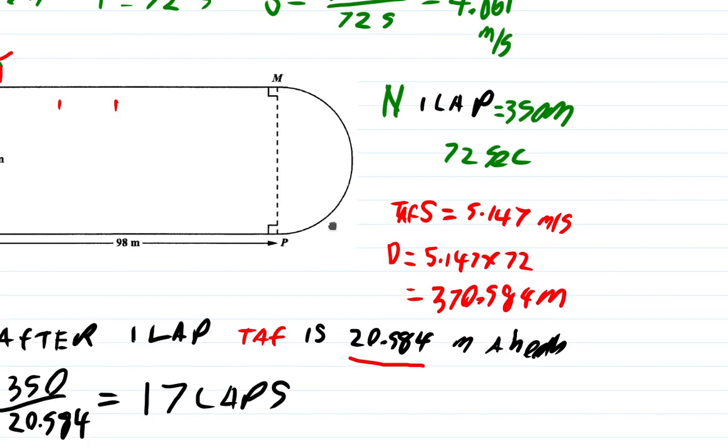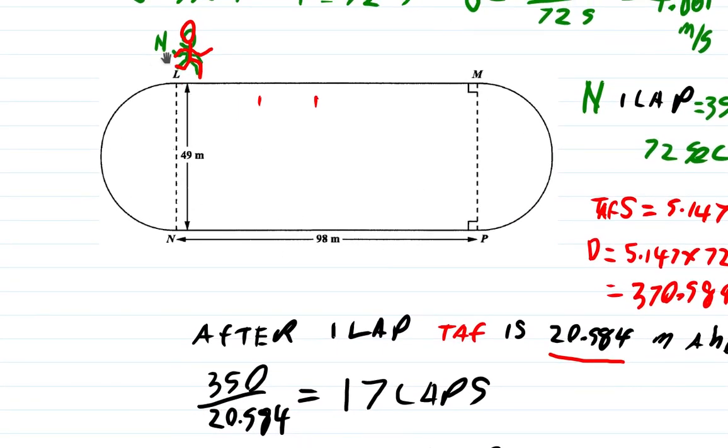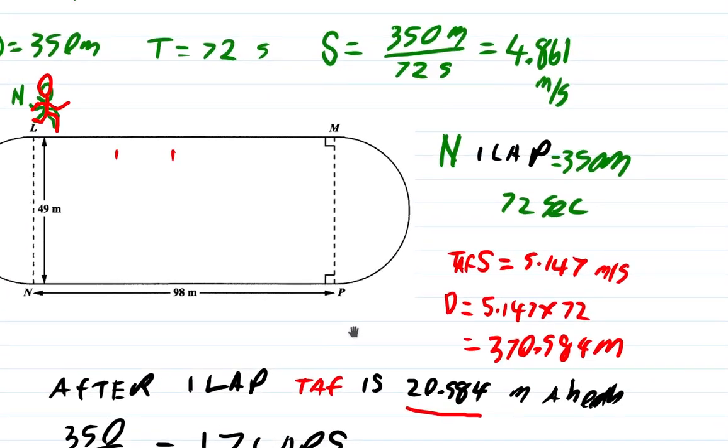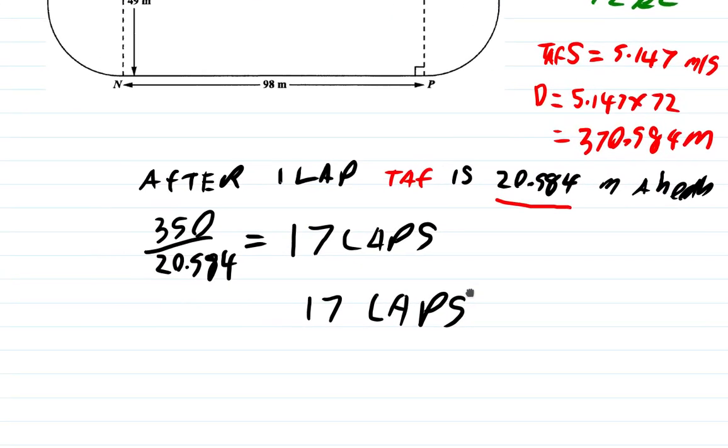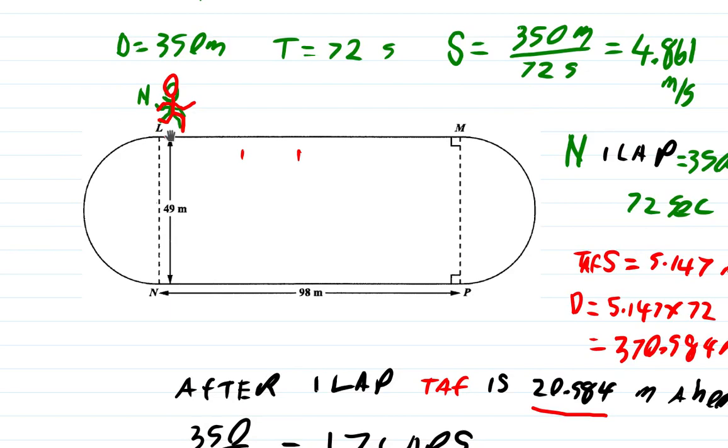So you see that. But anyway, you would know from the first that there would be one extra lap, right? But I wanted to verify it using that. So if Nathan does 17 laps, during those 17 laps, every lap Tafari is 20 point odd meters ahead. It means that when they are at the same place at the same time, Tafari would have done one extra lap, which would be 18, right?